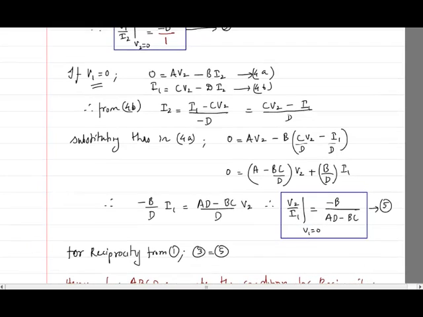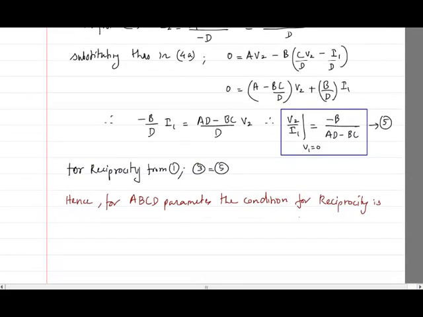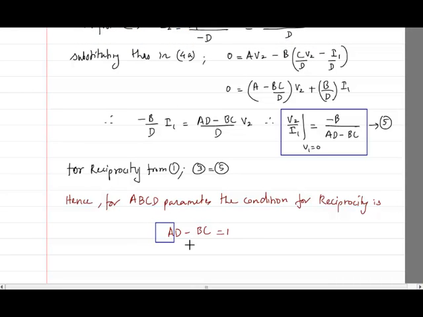Here there is AD minus BC in the denominator, so AD minus BC should be equal to 1. So if the circuit has to be reciprocal, then AD minus BC has to be 1. See, have a look. This is A, this is B, this is C, this is D.